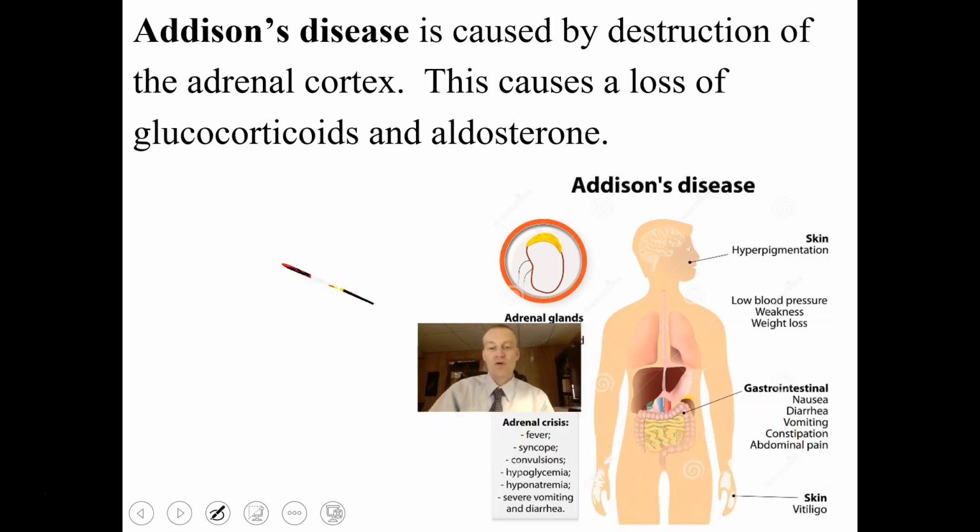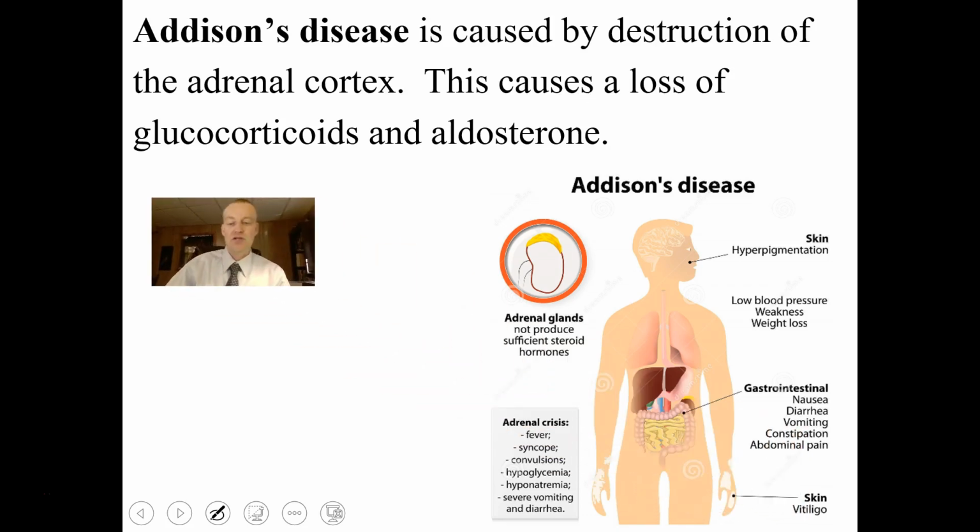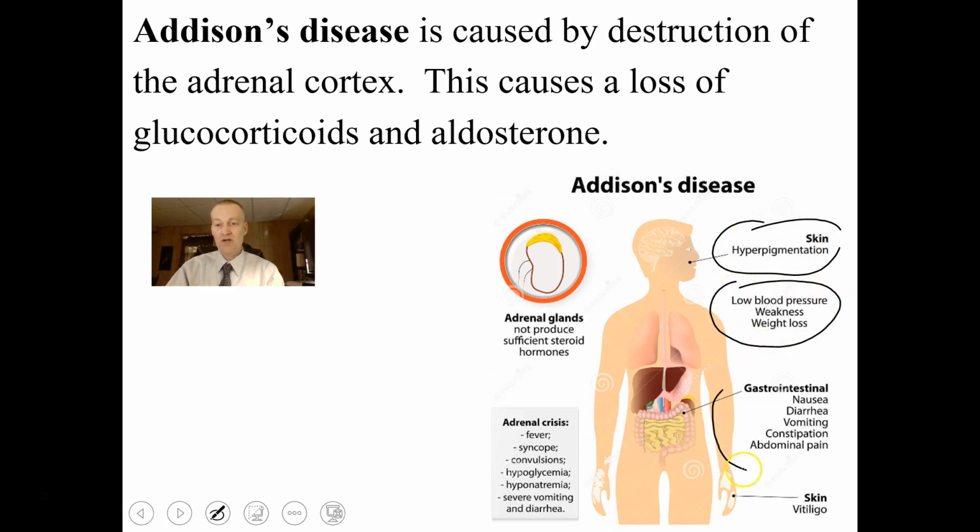So there are problems with the adrenal gland. Sometimes you can have a destruction of the adrenal cortex. This causes Addison's disease, a loss of glucocorticoids and aldosterone, the mineralocorticoid. These are some of the things you might see: hyperpigmentation, low blood pressure, weakness, weight loss, nausea, vomiting, constipation.